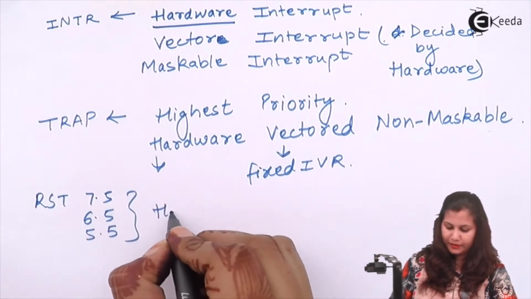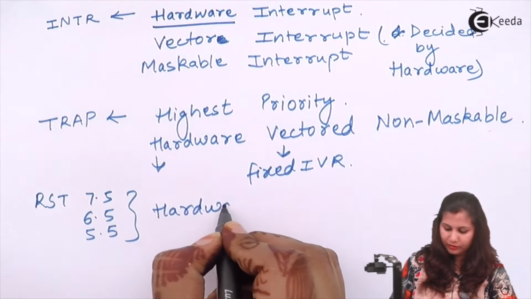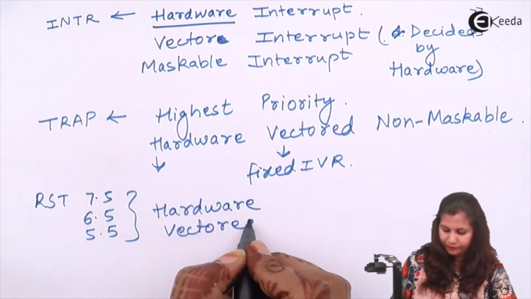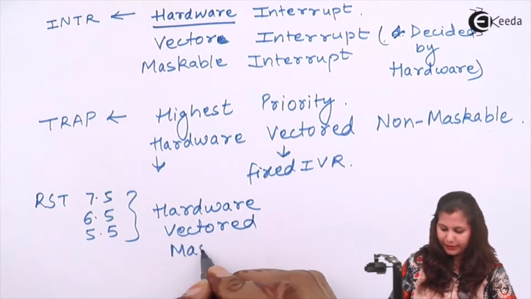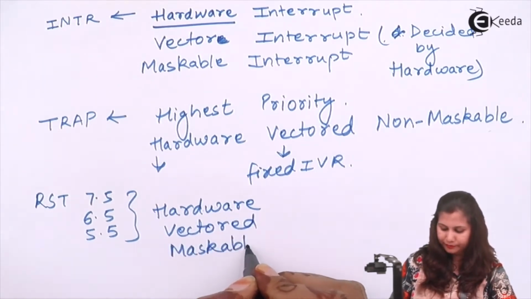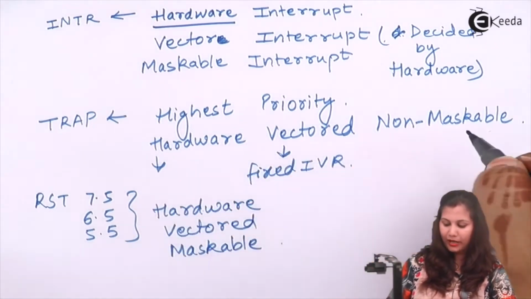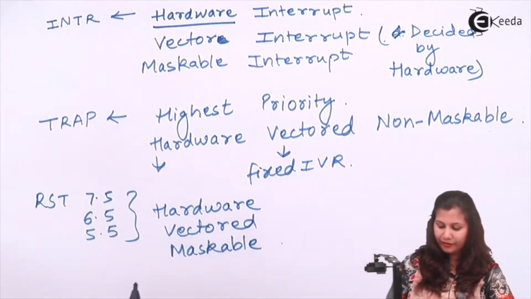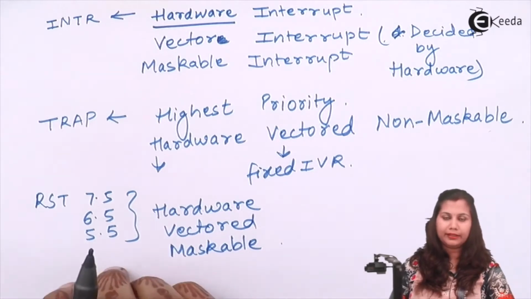These three interrupts are also hardware, vectored, but maskable interrupts. Trap was hardware, vectored, non-maskable, but these three are hardware, vectored and maskable interrupts.